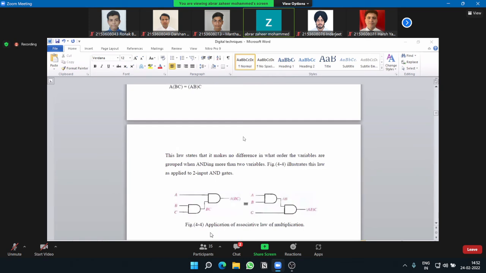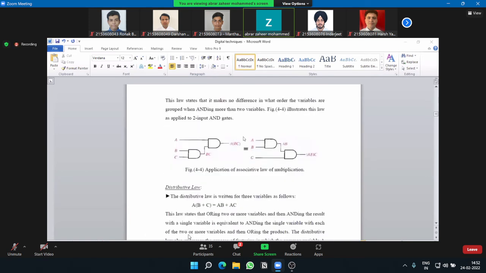B and C are the input to one AND gate, the output is BC. Then A and BC are the inputs for other AND gate, the output is A into bracket B into C. Here A and B is input to one AND gate, the output is AB. And the other two inputs to the AND gate are C and AB, the output is AB into C. These two are equivalent.